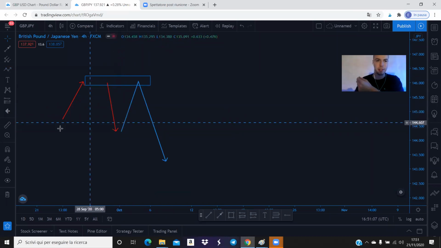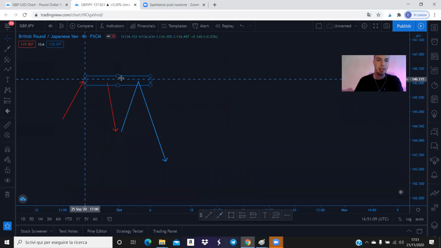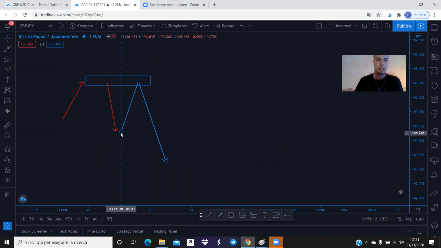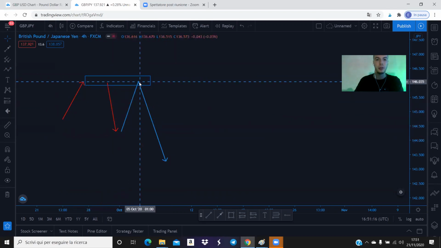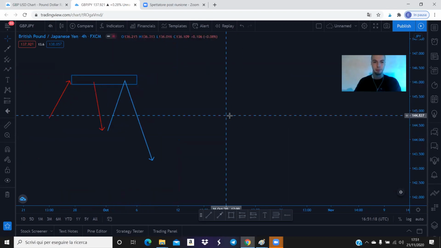It is not really a pattern, but this is called the rally base drop. After this happens, if there is the impulsive move, you look for the retest and continuation to the downside.